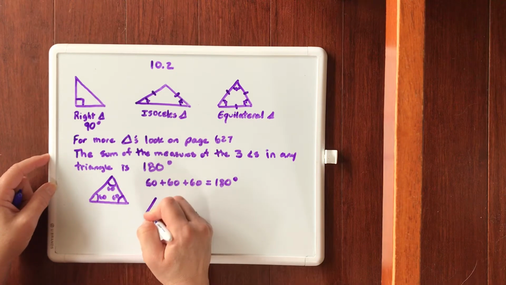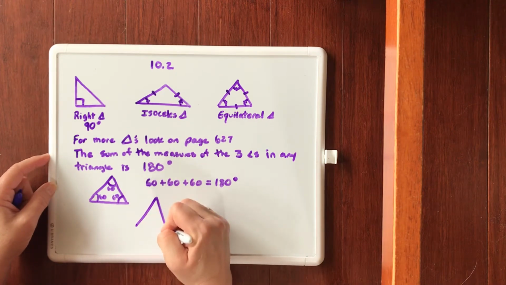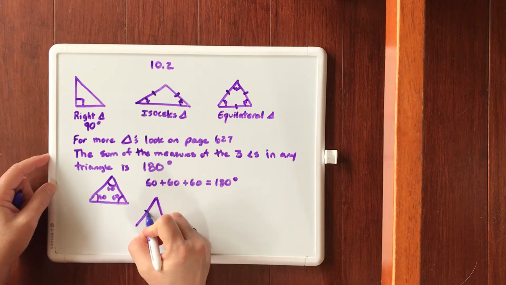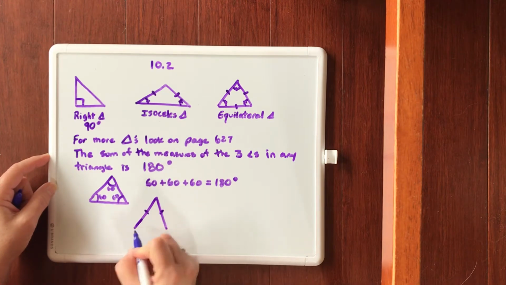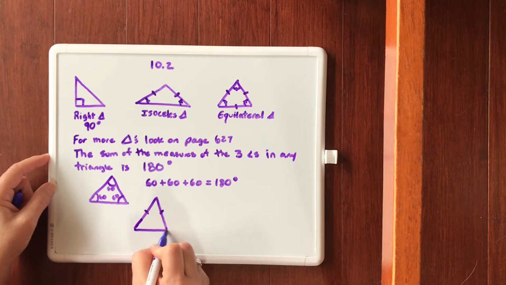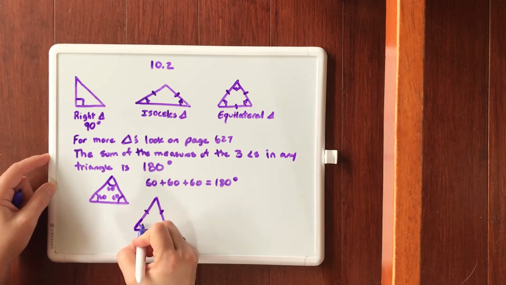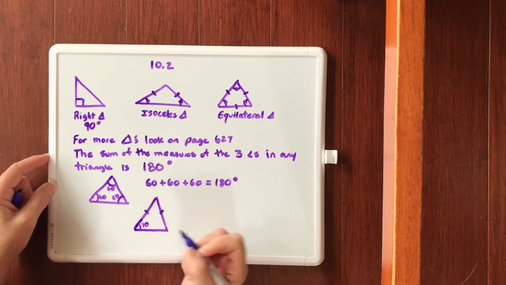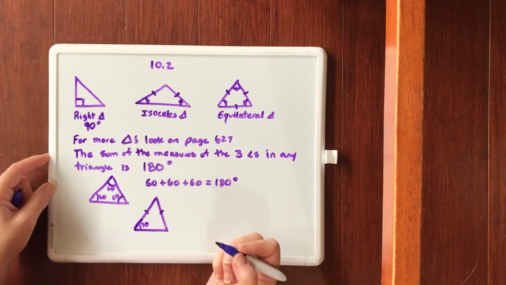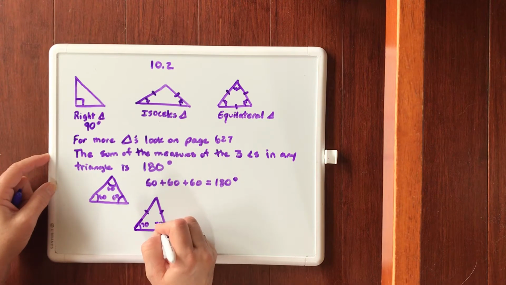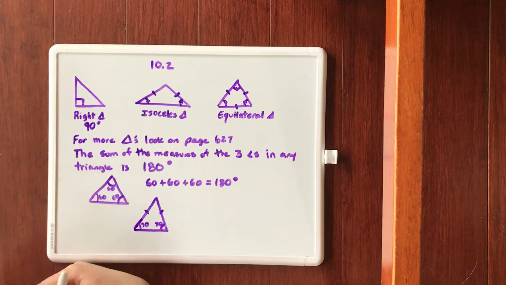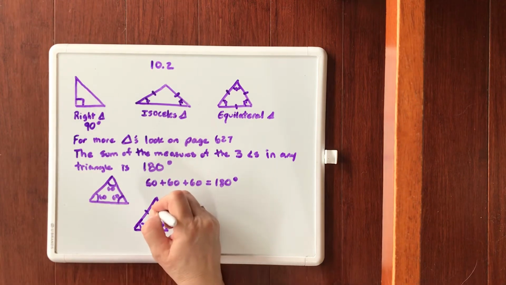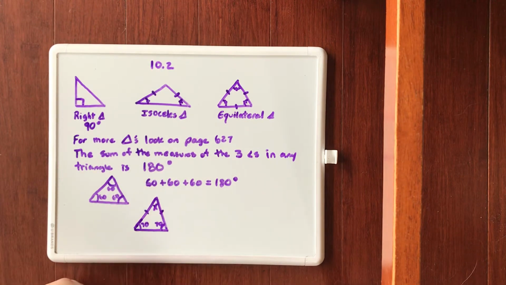Now this comes in handy when we don't know what a measure is. For example, let's say we have an isosceles. Okay? These are the same. And I'm going to just make up some numbers on here. Let's say this is 70 degrees. And if that's 70 degrees, then we know this is 70 degrees. Okay? And we'll put a little x here to solve for x.